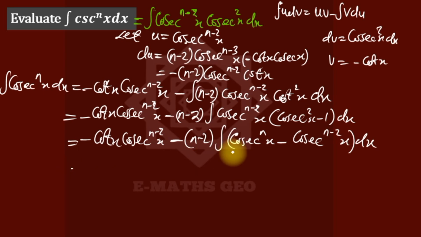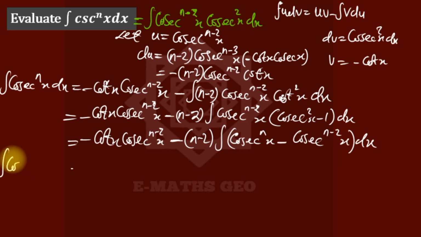So what do you notice? I have cosec x raised to power n here, and I still have it on the other side. So I'll move it. This constant will multiply both of them, and this goes over to the other side.